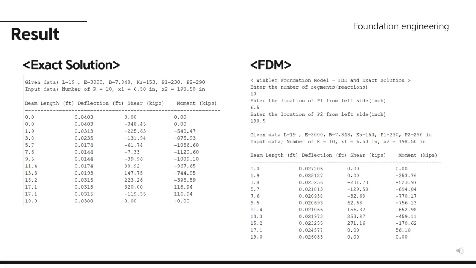Sharp sign changes were observed just after the load point. For both methods, shear forces approached zero at the beam ends, and moments also satisfied the boundary condition by converging to zero at both ends.